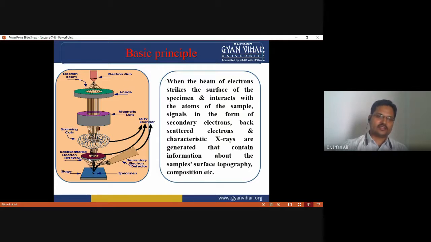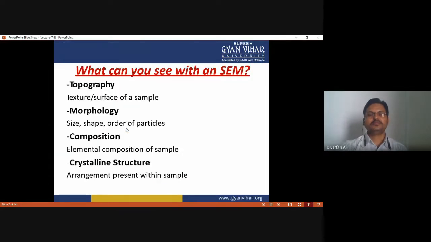This is the scanning coil, this is the backscattered electron detector, this is the stage where the sample is put for analysis, and this is the secondary electron detector. By analyzing the backscattered electron detector and secondary electron detector signals, we analyze the topography of the specimen.